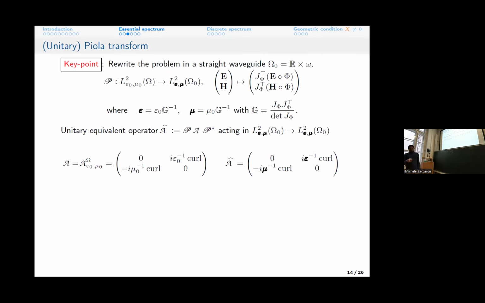Now we have an operator acting on the straight waveguide with a different weight, or let's say with a different material filling omega 0.